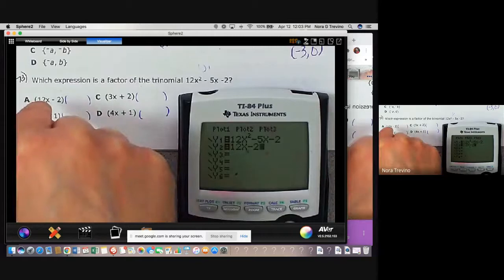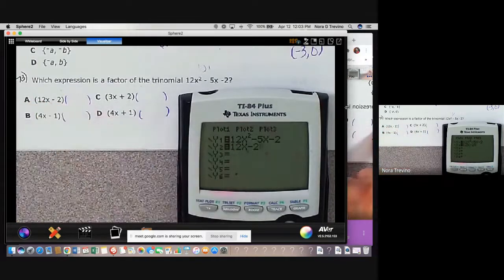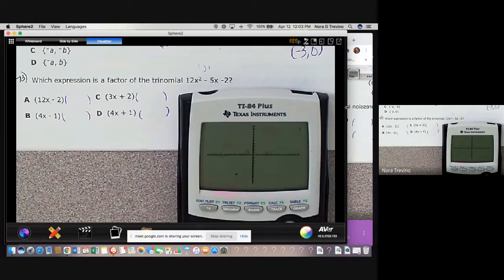If this is my answer, it's going to go through the x-intercept. Okay, so look. Here's my quadratic. There are my x-intercepts, right? And then here's answer. Okay, it looks like it's going through there. I don't know. Let me zoom in. Let me zoom in again. I need to see clearly.